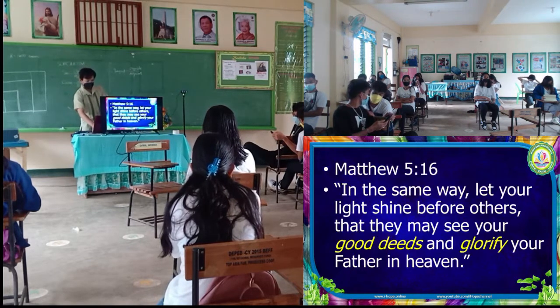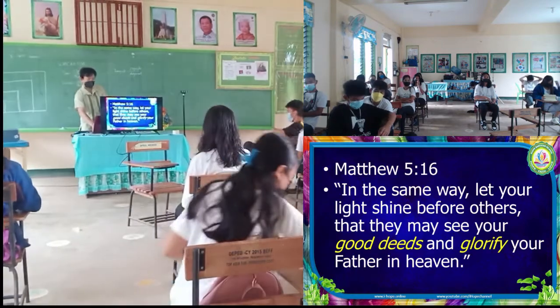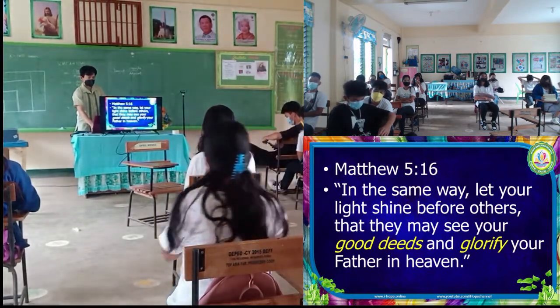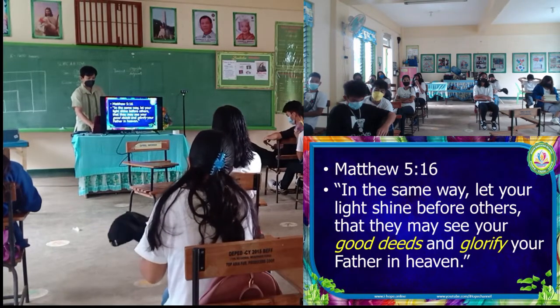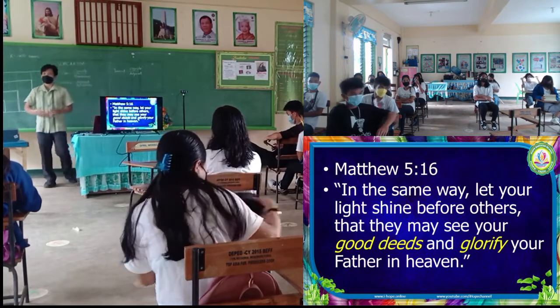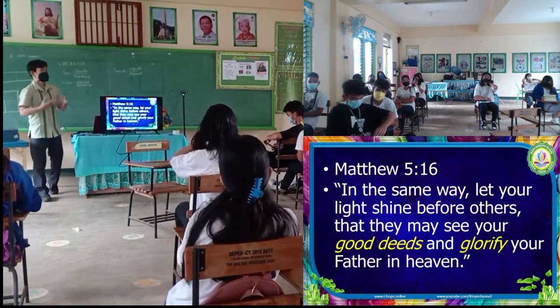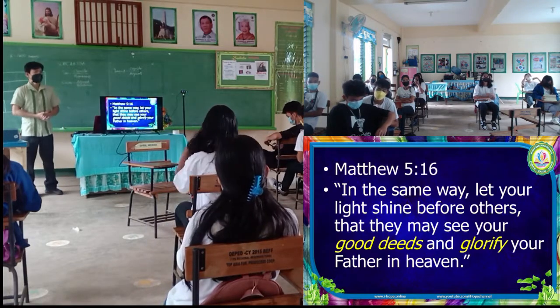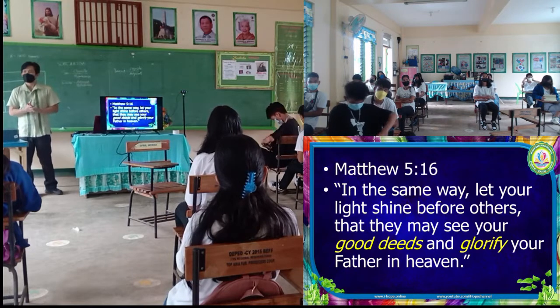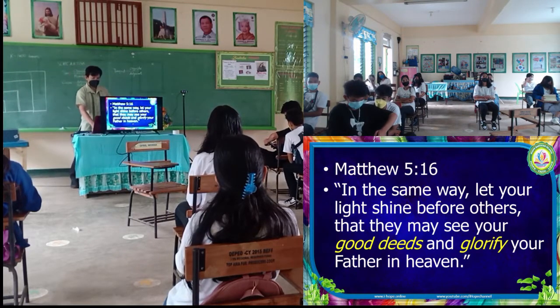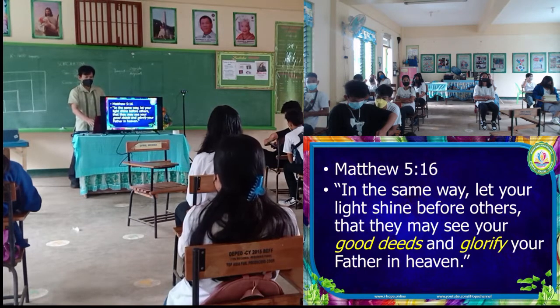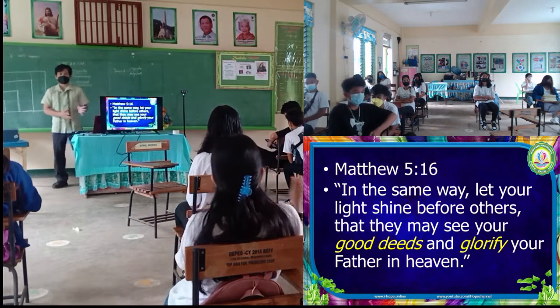Even without language, we can glorify God. In the same way, let your light shine before others, that they may see your good deeds, your good works, and glorify your Father in heaven. So, like stars, we shine as a light. Let our good works be seen before men.